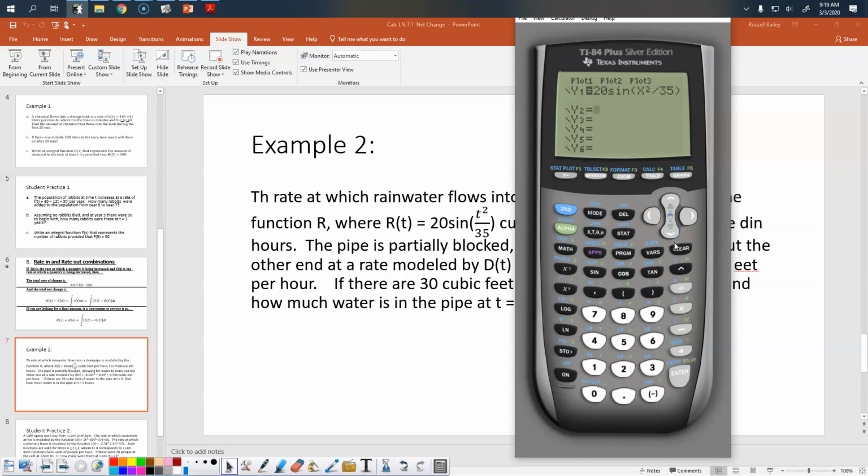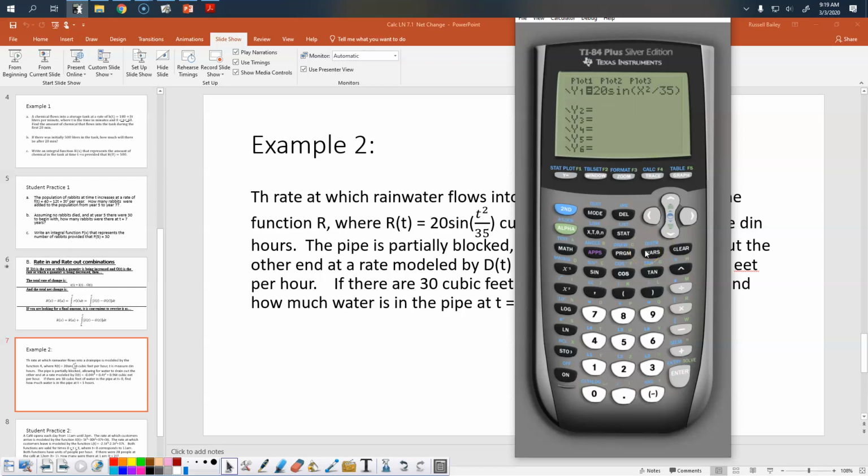Now we're also going to push the down arrow and get into y2. We're also going to type in the other function there, the out function. So I just typed in the in function. Let's type in the out function.